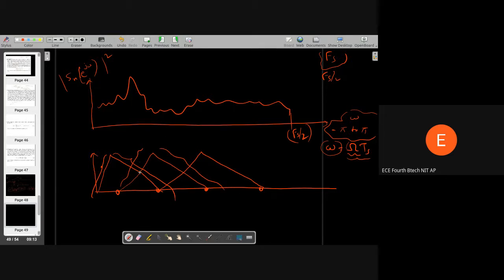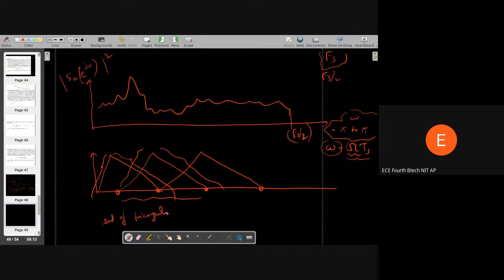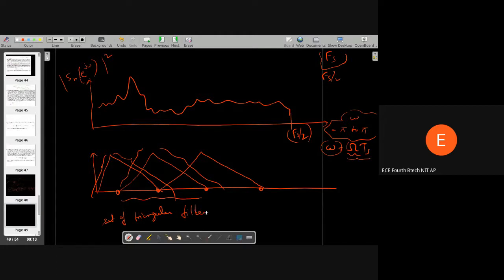But you have a set of triangular filters, motivated by the critical band theory and masking. Those two things we talked about at length.